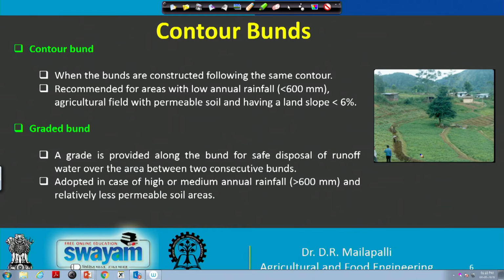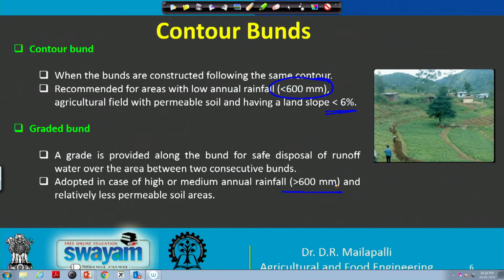So, contour bunds are recommended for rainfall which is less than 600 mm, and slopes having less than 6% slope. Whereas graded bunds are recommended for greater than 600 mm rainfall.